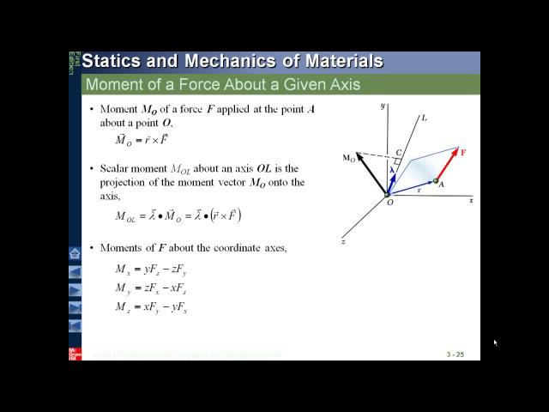The way we'll express that is by a unit vector lambda, which we've seen used before, multiplied by the dot product of the moment vector about point O. So I'm taking vector R cross vector F, which gives a vector, and I'm taking the dot product between that and a unit vector, which I'm calling lambda.